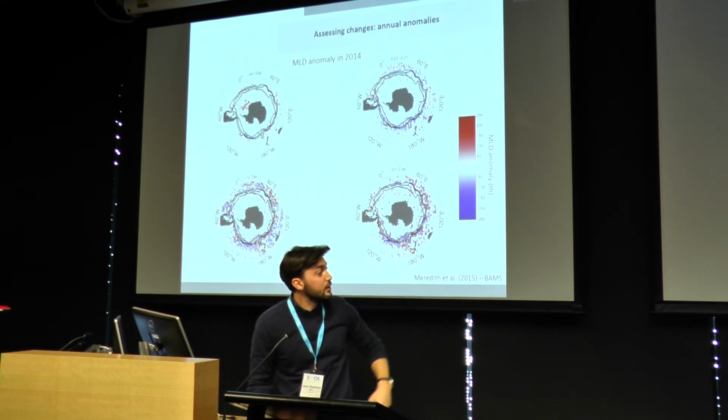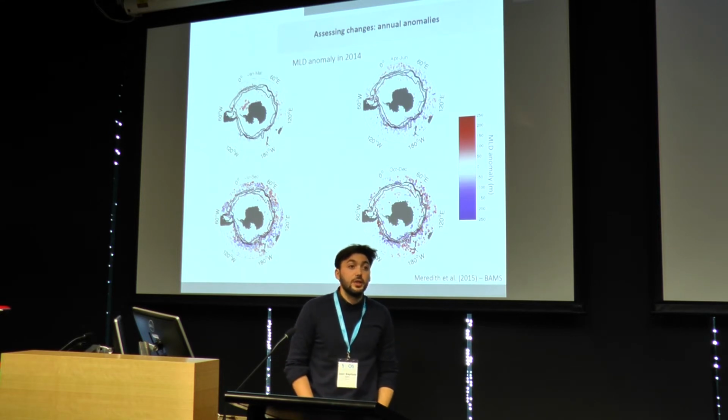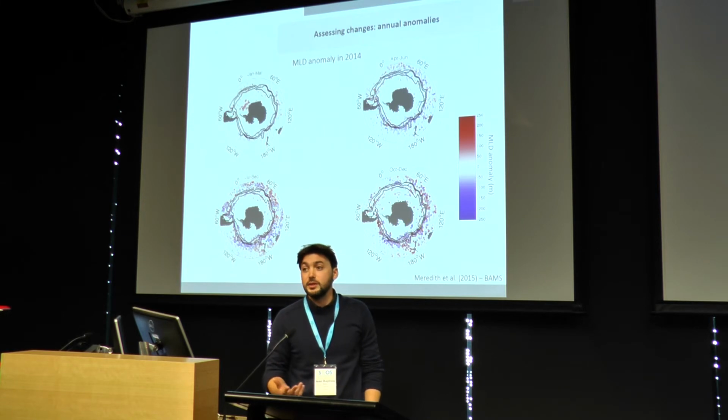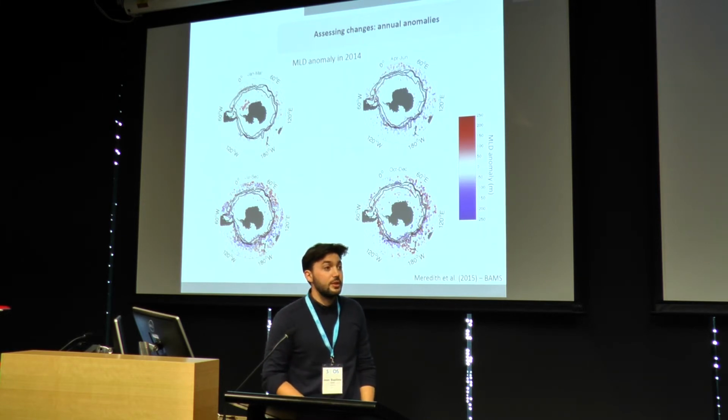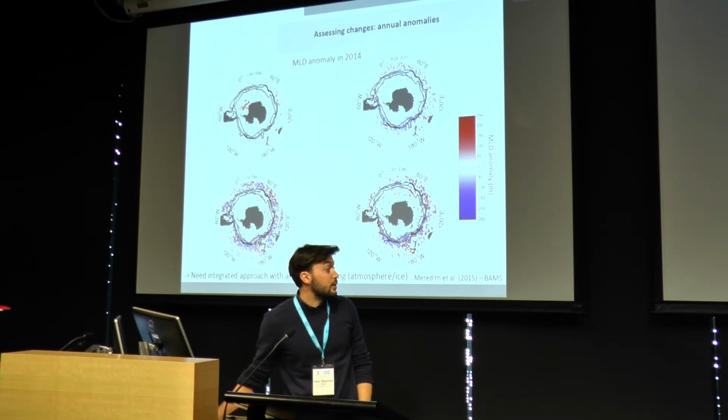This shallowing pattern. The other way to try to convince ourselves is to relate that to particular heat flux or forcing anomalies. I haven't done that, but I think that's probably the way forward if we want to continue this route. So I think we need an integrated approach with anomalies of the forcing.